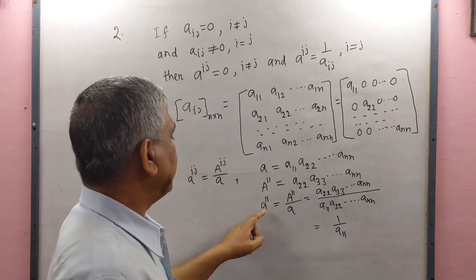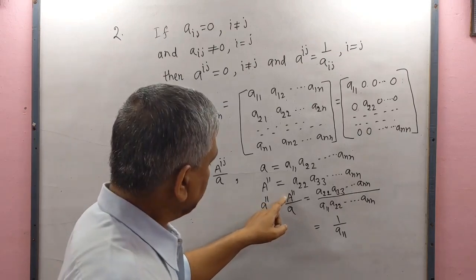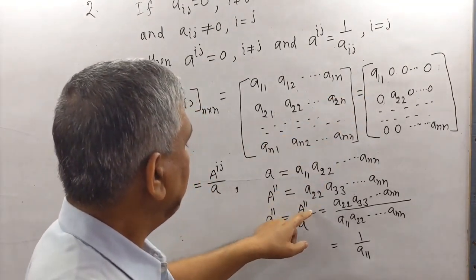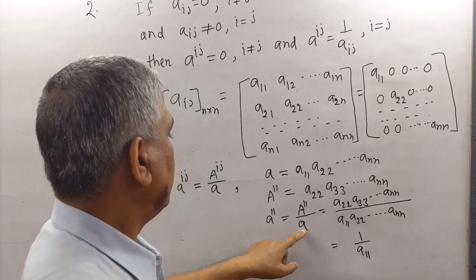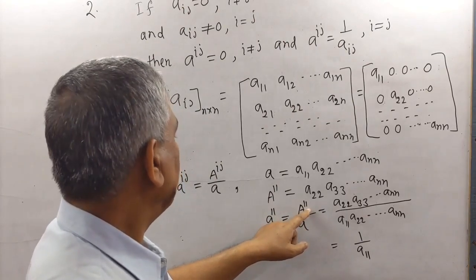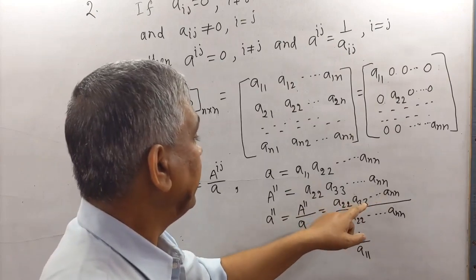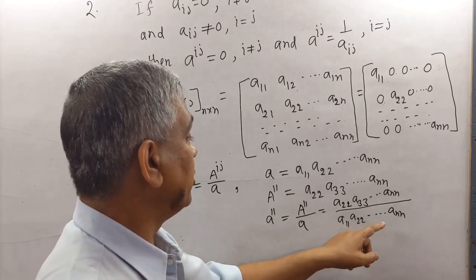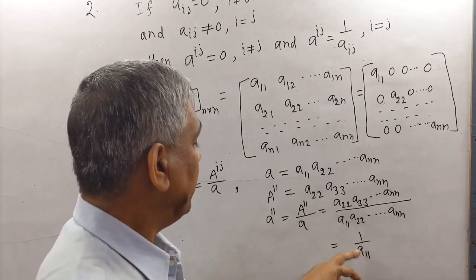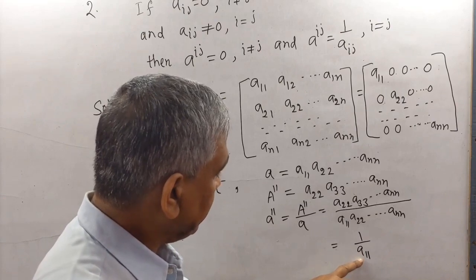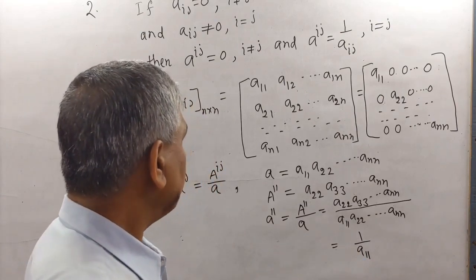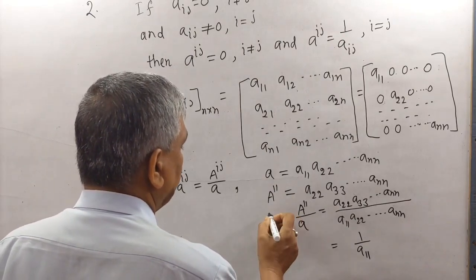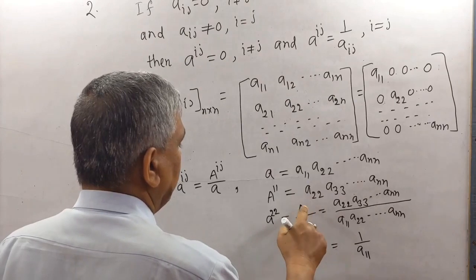Now the conjugate tensor A^11 is the cofactor of this A11 by the determinant. The value of this is A22, A33, Ann by the determinant. The value of the determinant is A11, A22, Ann. So we get 1 by covariant tensor A11. Similarly, we may find the value of A^22.